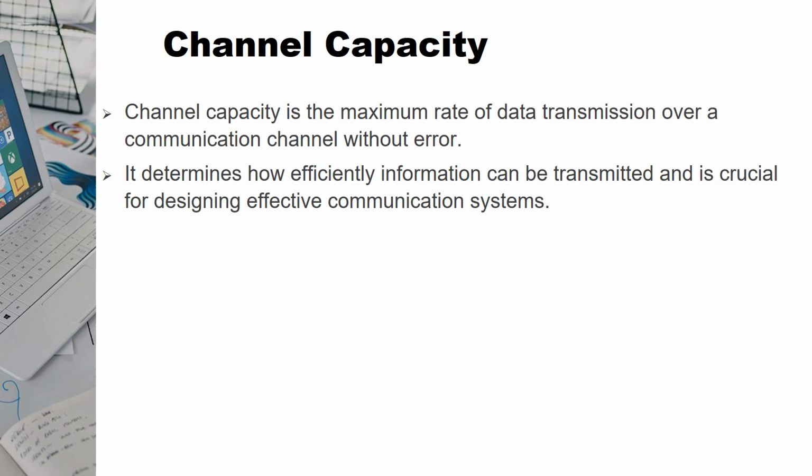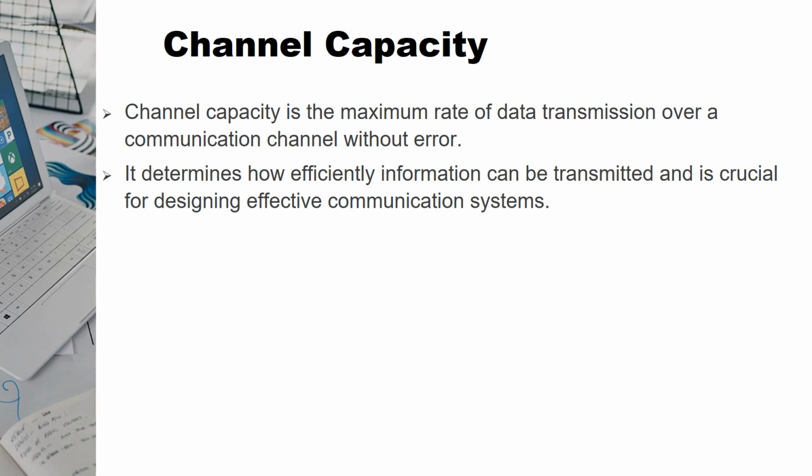Then we move on to channel capacity. I want to define the channel capacity, then the theorem, Shannon's capacity theorem. On channel capacity, we are saying that it is the maximum rate at which data can be transmitted over a communication channel without error, right?